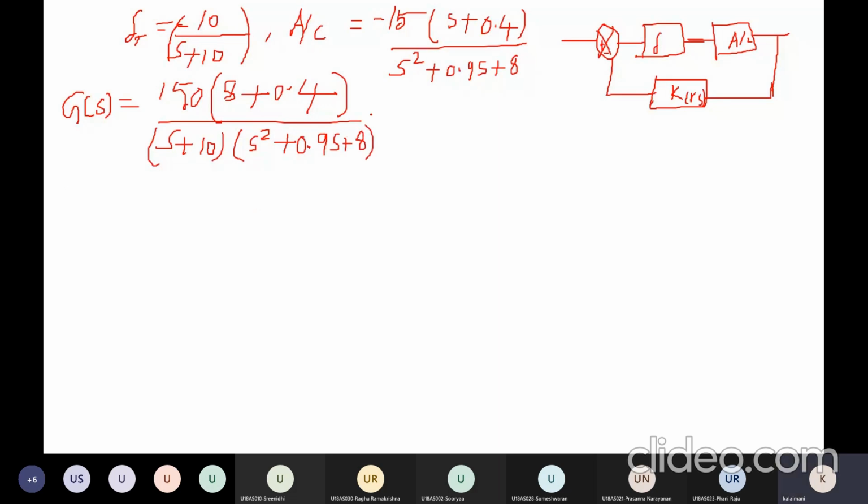Initially we said 1. Then while varying this gain value, how the stability of the system changes, we can see in the root locus.